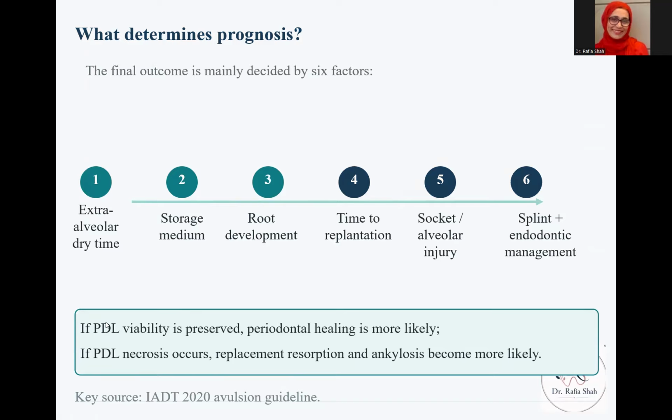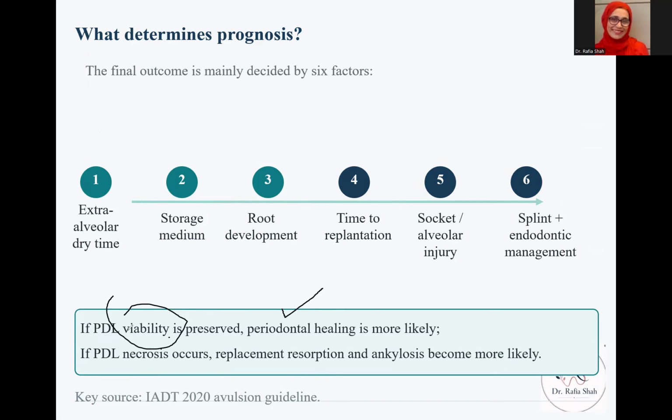But basically, out of all these, this extra-alveolar time which was affecting the PDL matters more. If the PDL is viable, it means your PDL is preserved, your periodontal healing will be most likely.